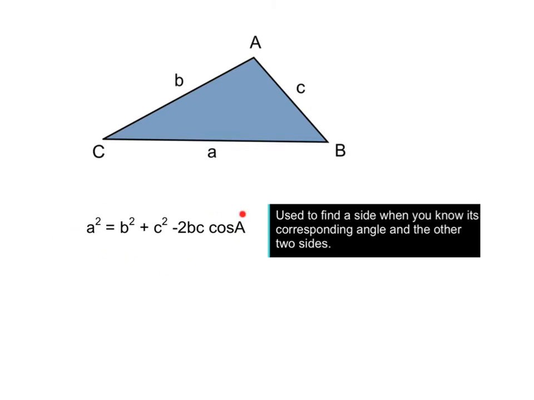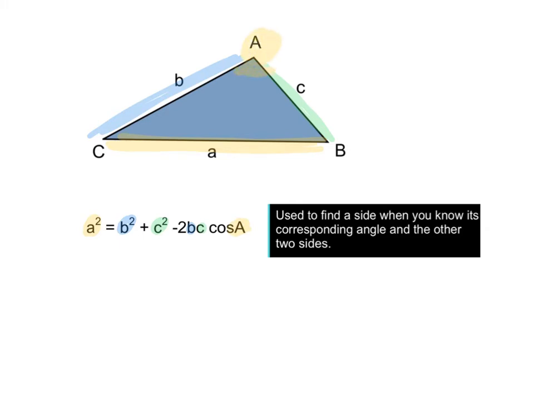It's telling us we can find a squared, the length of this side here, if we know b squared, this side, and c squared, this side, and we need to be able to find the cosine of angle A, this angle in here.